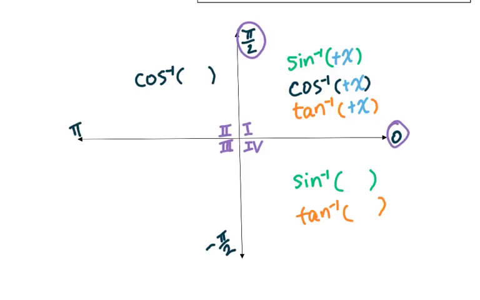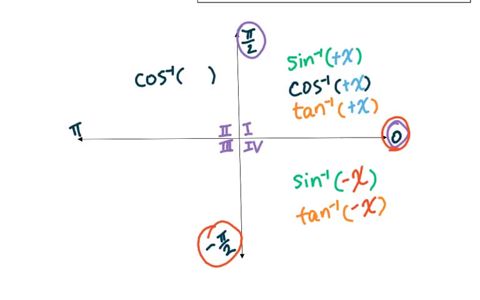When the domain for inverse sine and tangent function is negative, then the range will be between negative pi over 2 to 0.